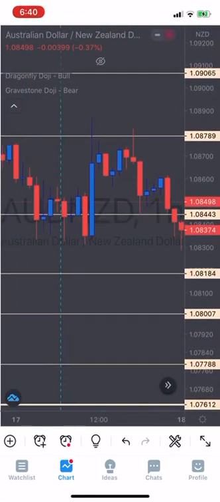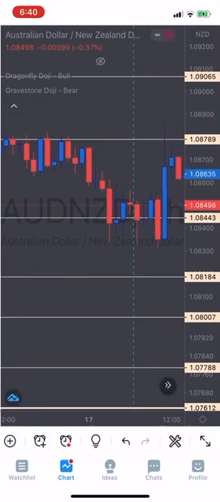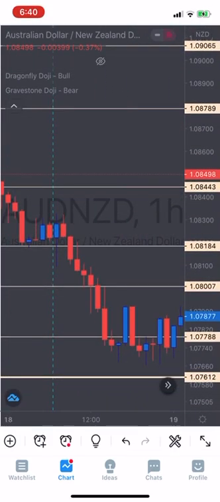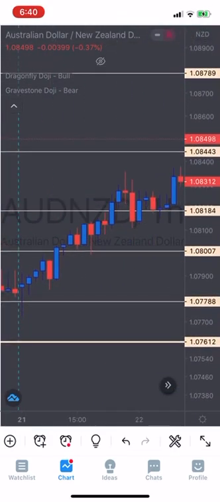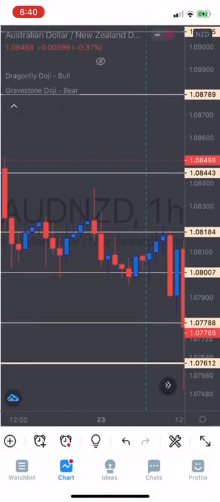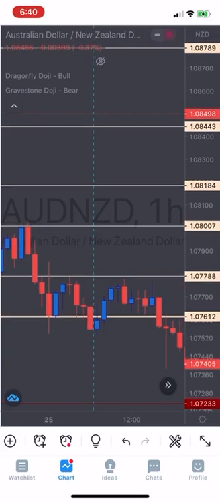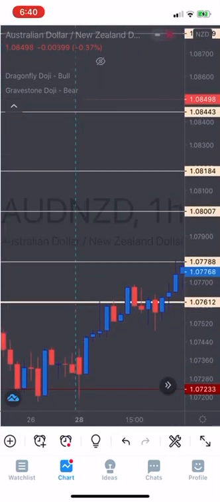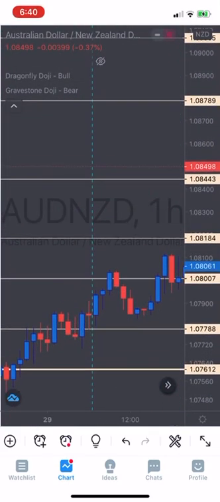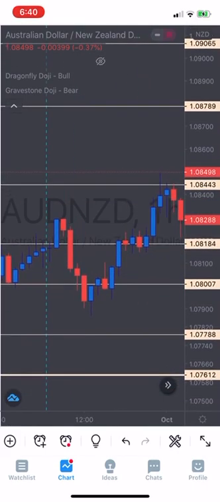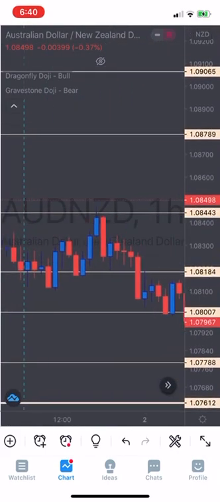So doing this chart markup is lasting me quite some time. I don't spend a lot of time actually preparing for a trade. It takes me about 10 minutes to prepare for a trade because I've already made a lot of the observations in marking up this chart.